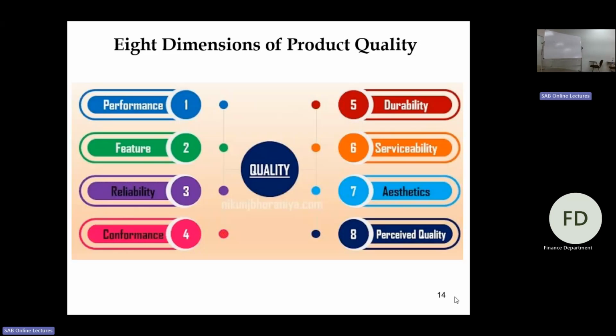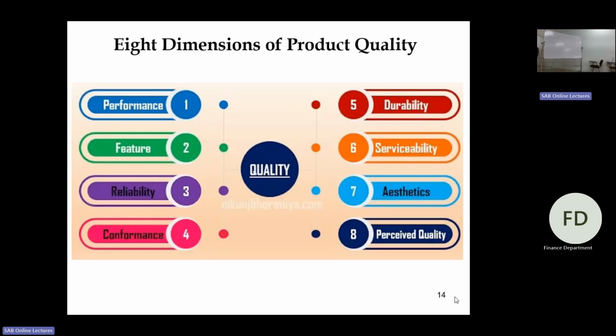Now, for products, how do customers assess quality, what are the key criteria they use, explained as quality dimensions, product quality dimensions. Right. Now, in textbooks, we identify these eight, some textbooks talk about it differently, but basically these are the product quality dimensions.